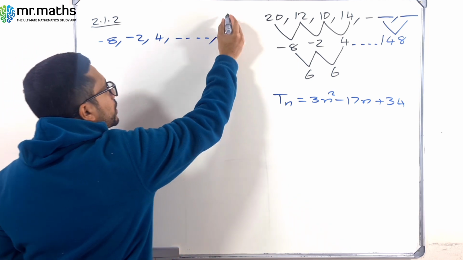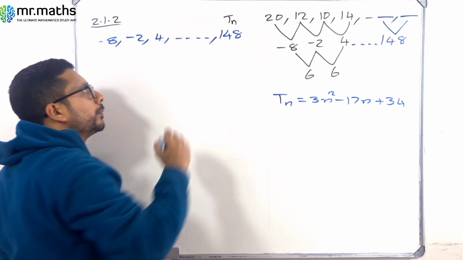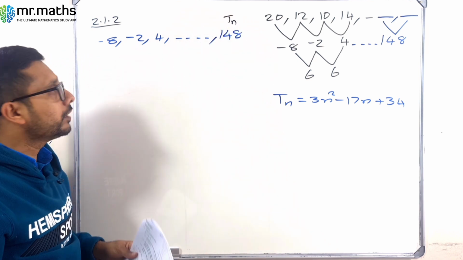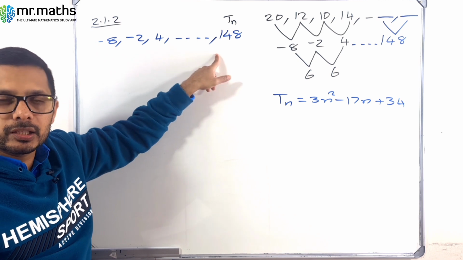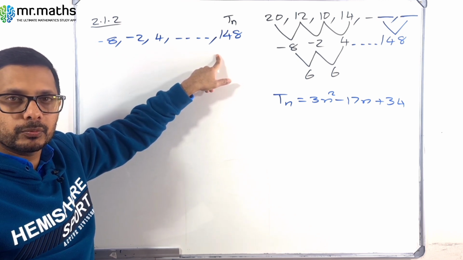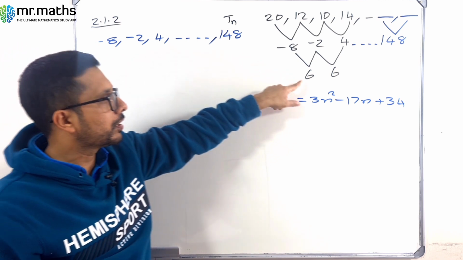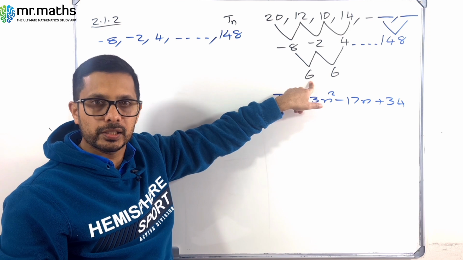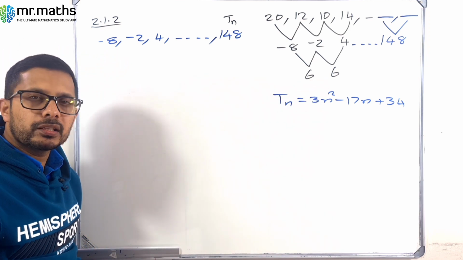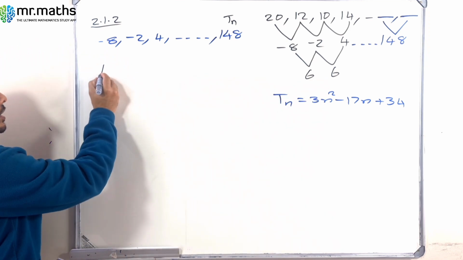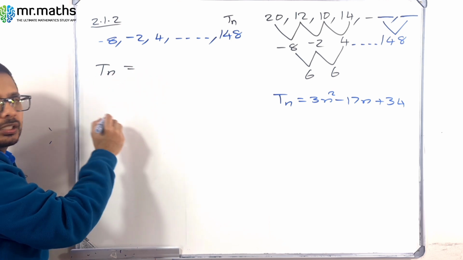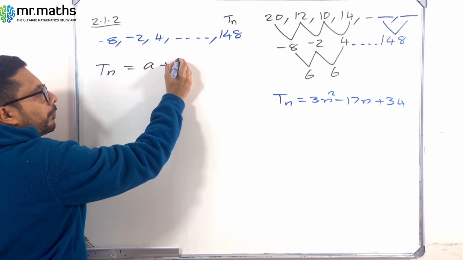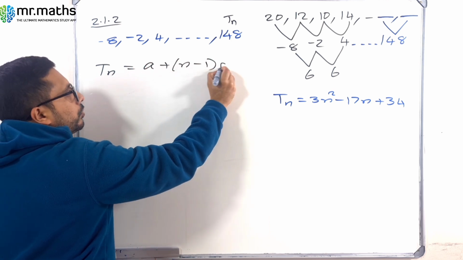And it is given that this one is an arithmetic sequence. You can find the common difference, and what is the common difference? It's 6. So if it is an arithmetic sequence, how can you find Tn? What is the formula to find Tn? There is a formula you studied: a plus n minus 1 into d.